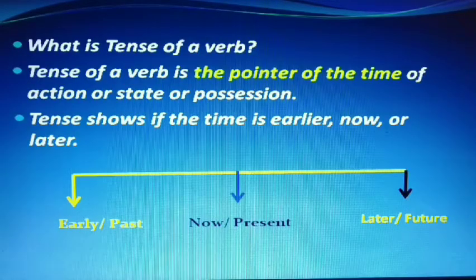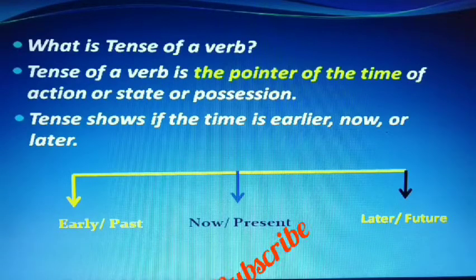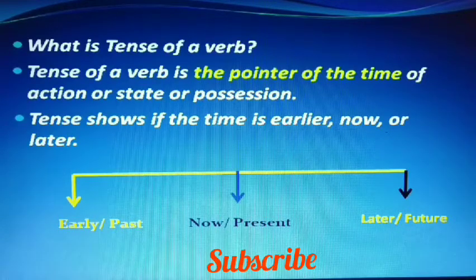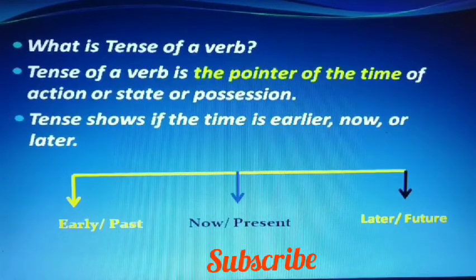So there are three basic tenses. Past tense, when it happens in the past. Present tense, when something happens now. And when something happens later, that is future tense. These three basic tenses are there.